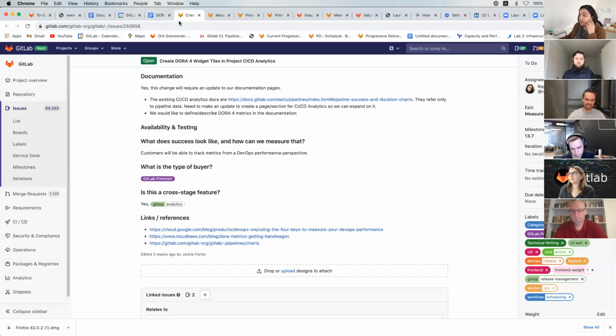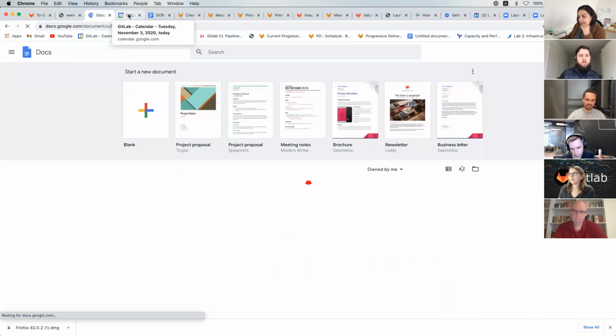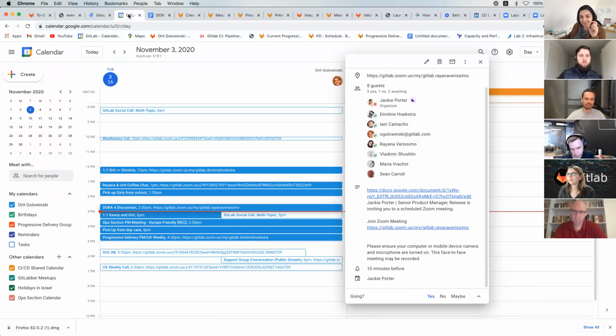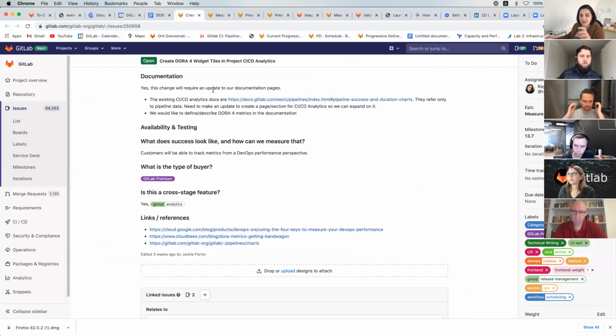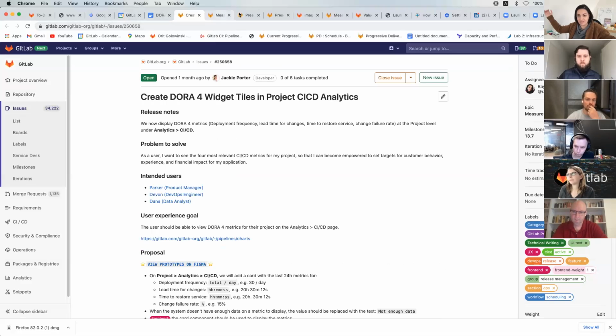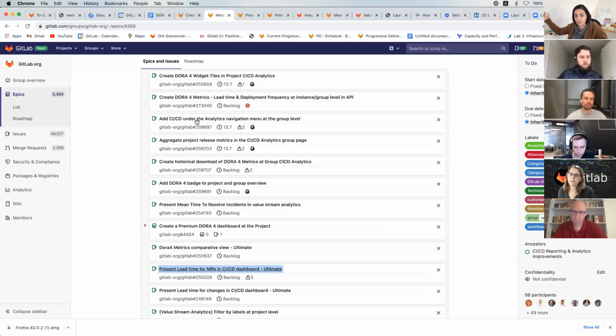Because right now, building it at the project level would solve a problem for the project. You're still not going to give the directors or the high level persona an overview. And that's the problem that we wanted to solve when bringing things to the analytics group level. So yes, you feed everything. Yeah, absolutely. It's 2 different personas, totally, which was how we started.